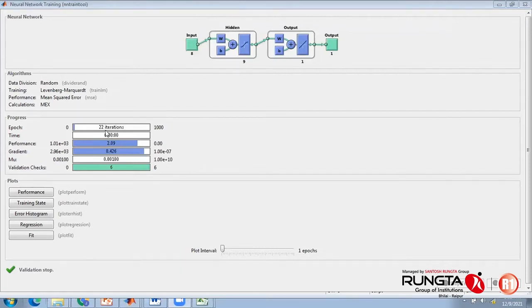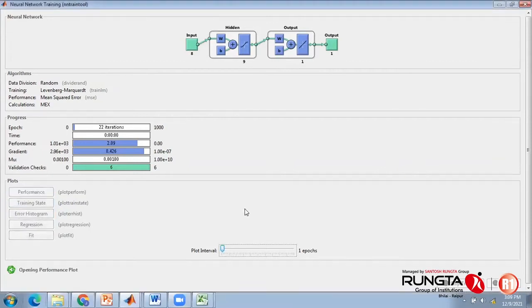Then the performance function. The performance function over here must be the mean square error, right? The next is the gradient. This I will explain. And then the validation check. This I would also like to explain. So what we can do is quickly go for the performance.